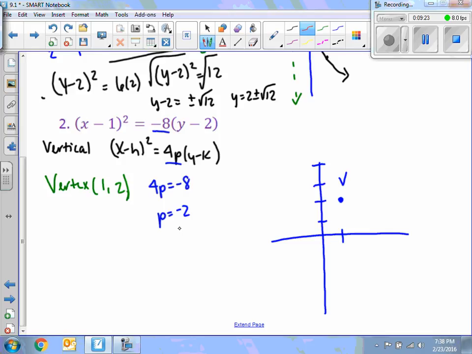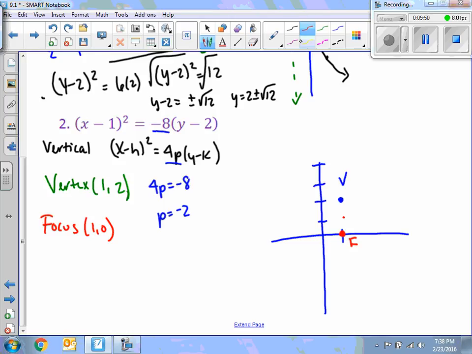And remember, we're opening up and down. So my focus is going to be -2 units away from my vertex. I go down 2, so that is my focus. That would be the ordered pair 1, 0. Sorry.